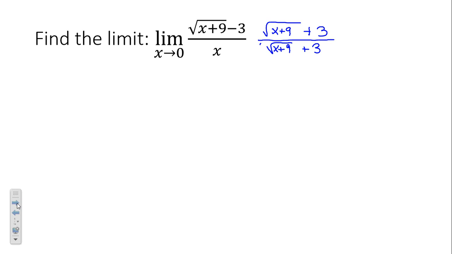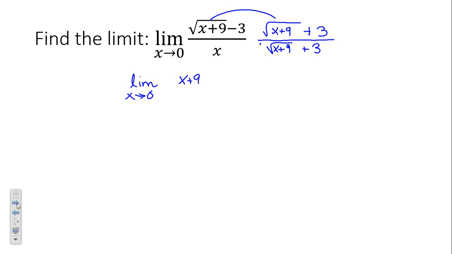All right, so when we do that, what will we get in the numerator? Foiling this out, first times first will get us x plus 9.